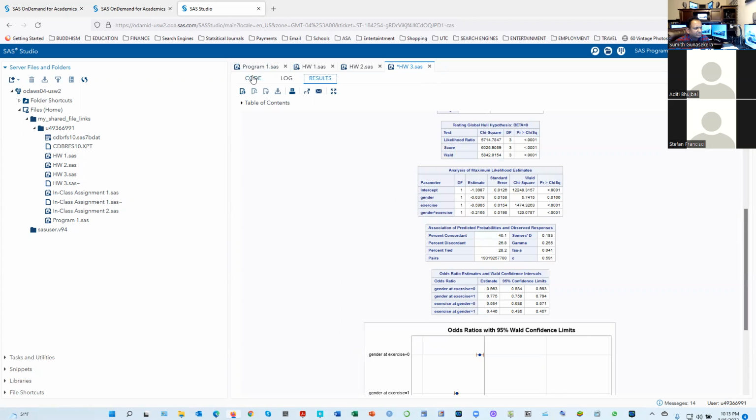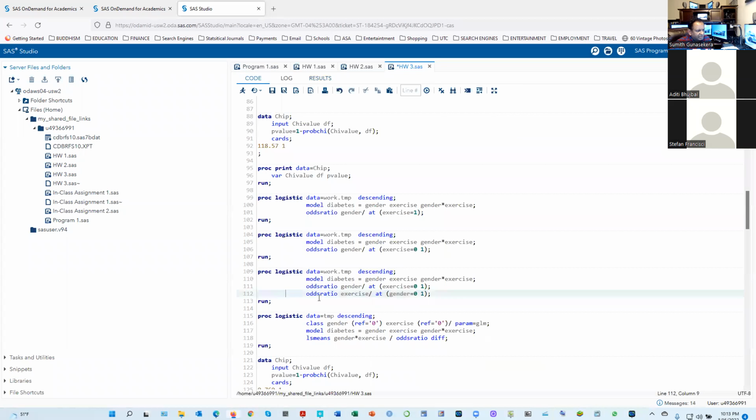So that one should be not, I'm sorry, not gender. We can go the other way around: exercise to that gender. That means for that gender, I'm going to change that one. That means for a male, exercise to not exercise. Male.